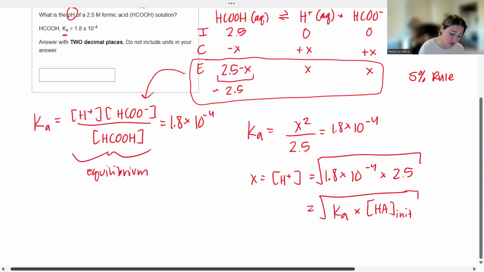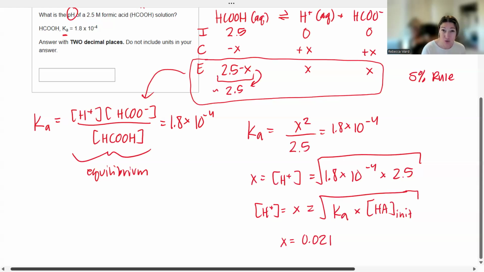If our assumption works, you can jump here pretty quickly when you're doing these calculations. Let me punch this in. I got an x equal to 0.021.